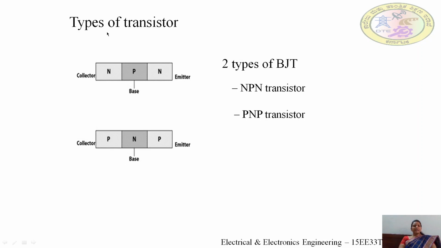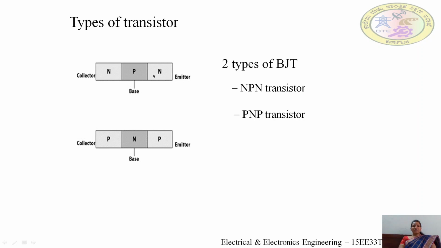Here you can see how two types of transistors, NPN and PNP transistors, are formed. In an NPN transistor, p-type material is sandwiched in between two n-type materials. In a PNP transistor, n-type material is sandwiched between two p-type materials.